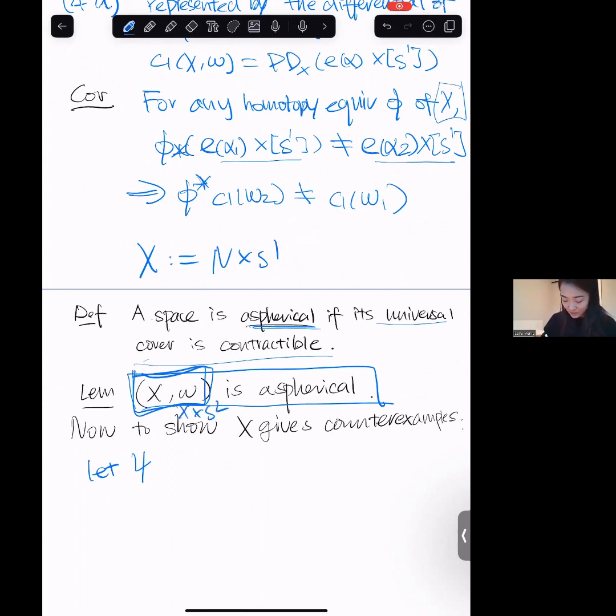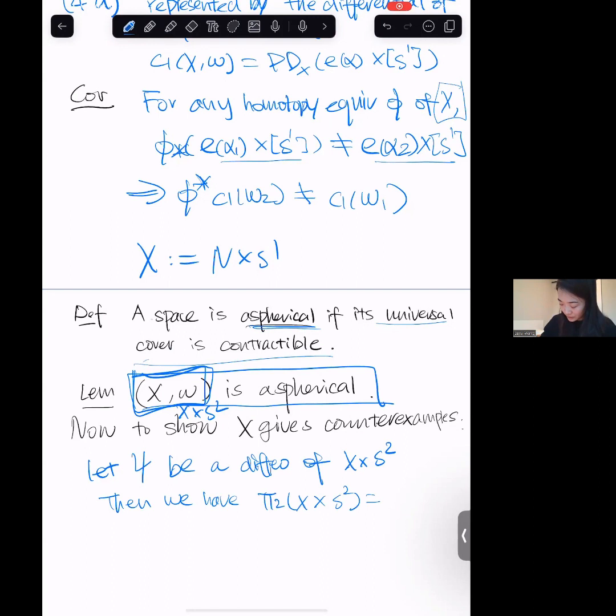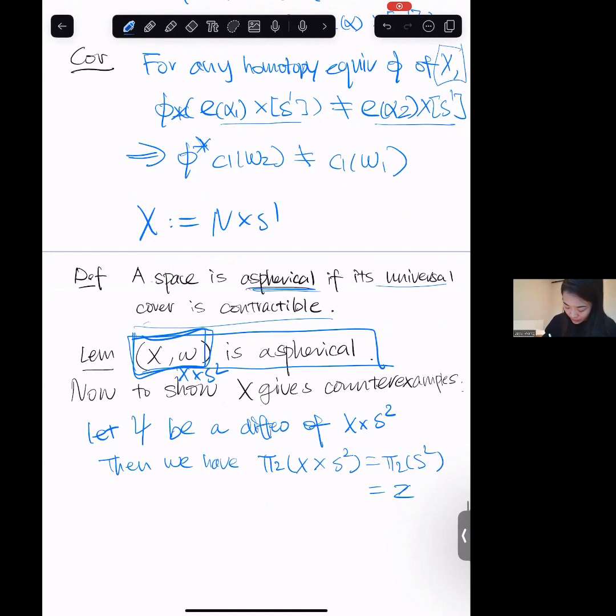So let psi be a diffeomorphism of X cross S2. And then we have pi2 of X cross S2. This is the same as pi2 of S2, which is just a copy of Z, and psi induces an isomorphism on this.